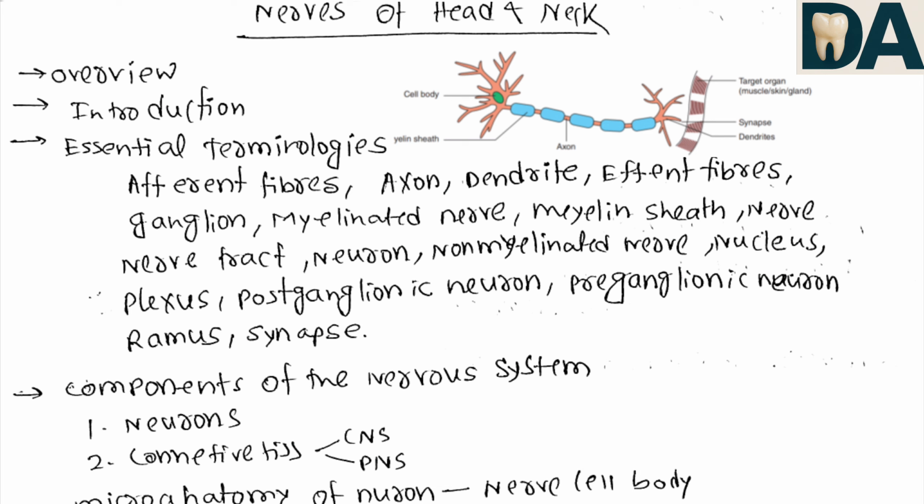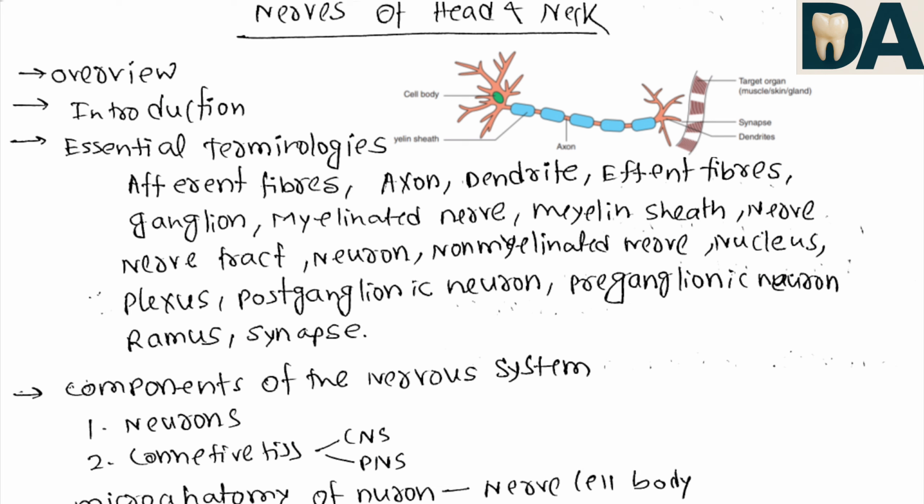Nerve. A bundle of neurons or nerve fibers is called a nerve. Nerve tract. A nerve tract is a bundle of myelinated nerve fibers that traverse the brain.